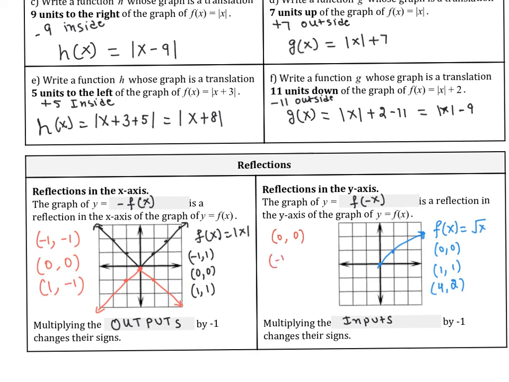This point is negative 1 comma 1, and the last one is negative 4 comma 2. Now we plot these points: 0 comma 0, negative 1 comma 1, and negative 4 comma 2. That would be your reflection graph over the y-axis, where you multiply all the x coordinates by negative 1.